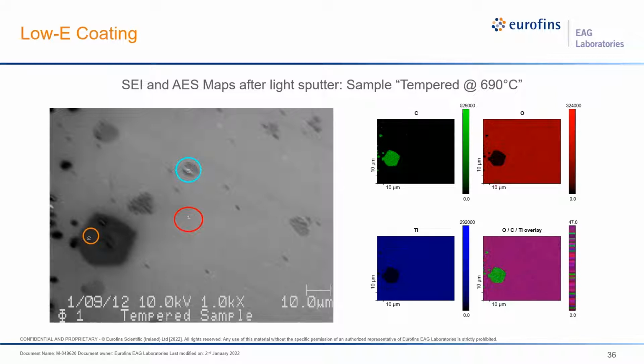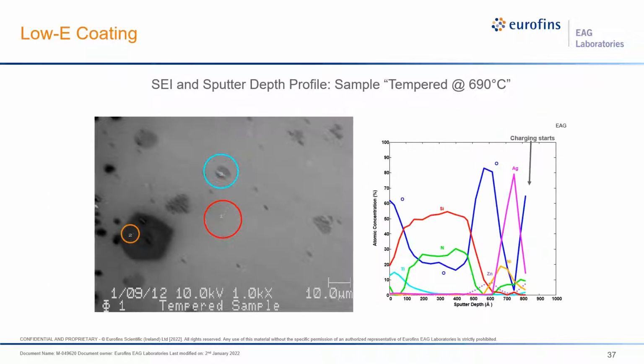And outside this area, we see that the layer is mostly titanium and oxygen containing layers. So what we would do is profile into this area, and as we're profiling, we collect spectra from these 3 different locations, and we're going to look at them.